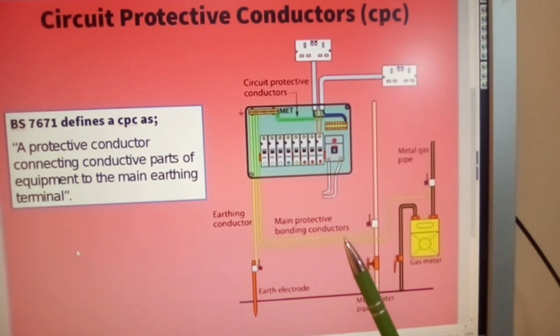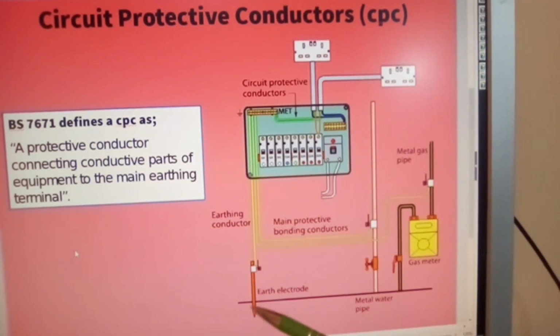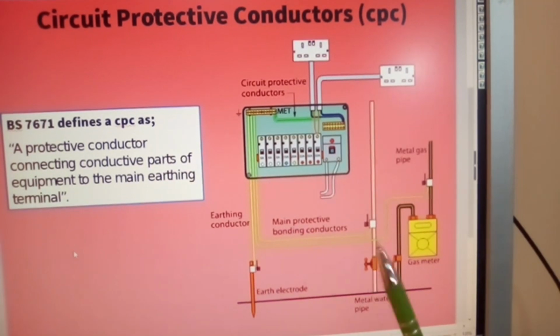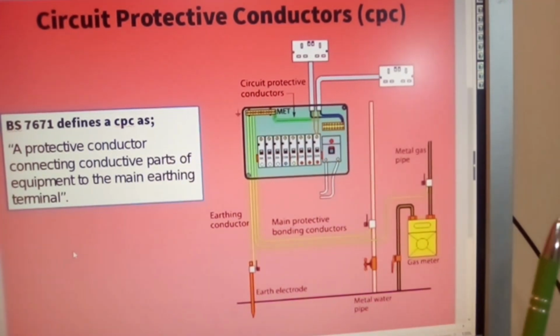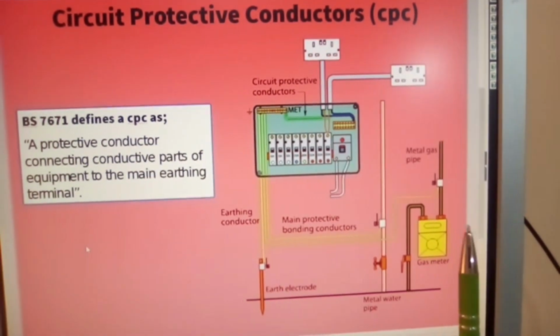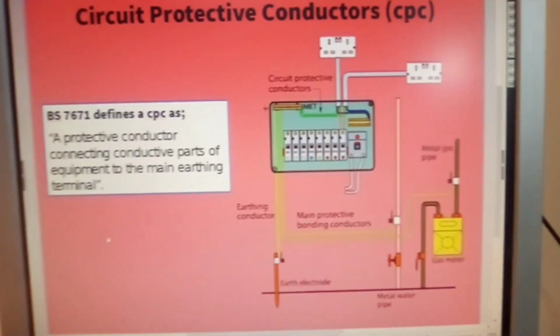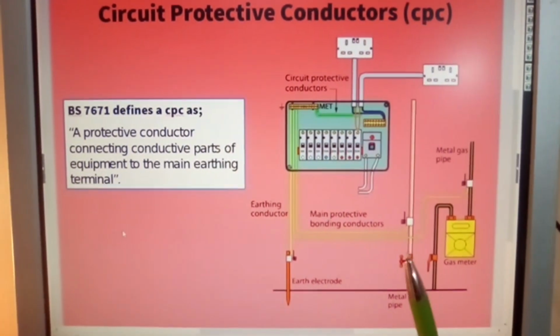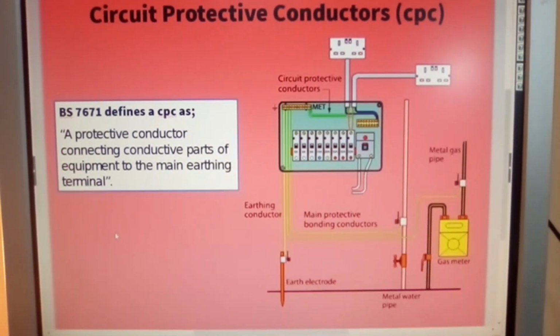That if a fault occurs, the resistance going to ground is as low as possible so that it operates your protective devices. You do not want current going down to earth and leaking but not tripping the device. That will cause you problems and you may need a new installation because your cable could well be damaged.